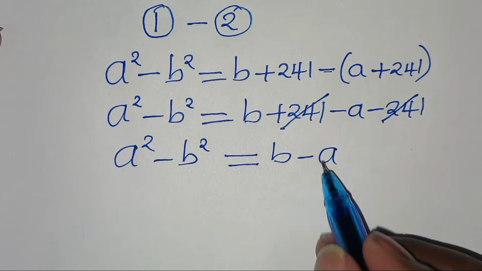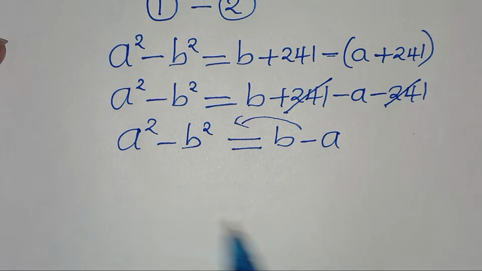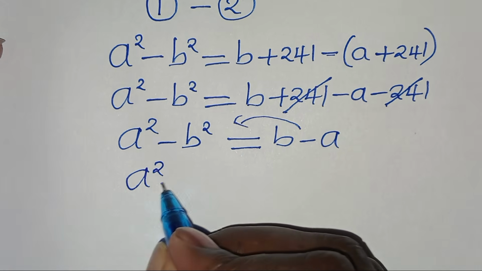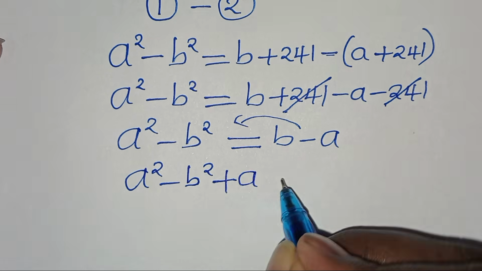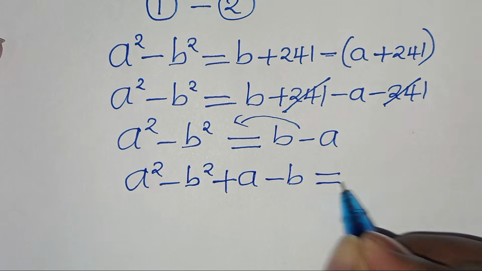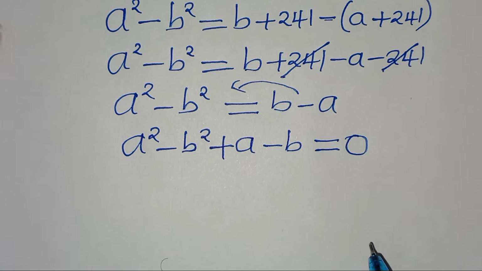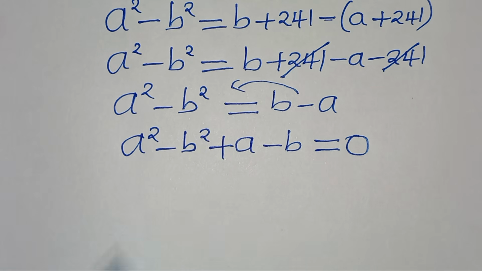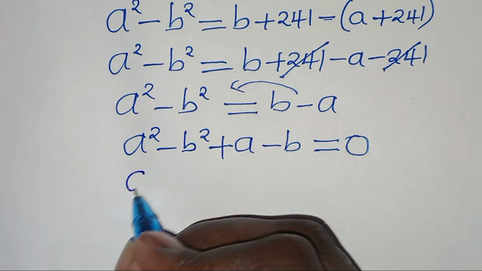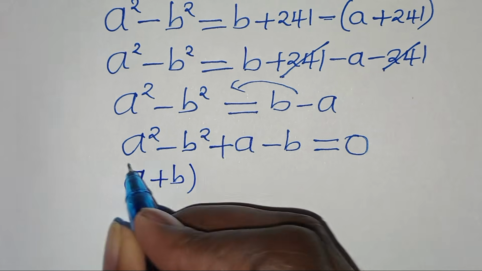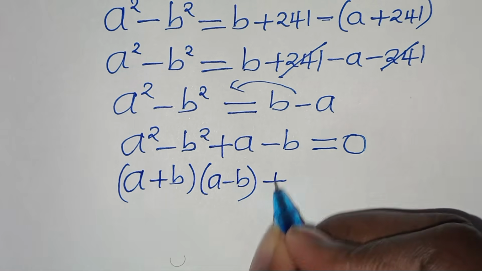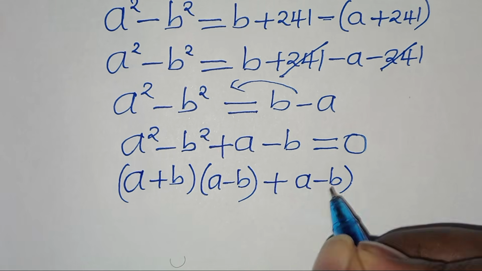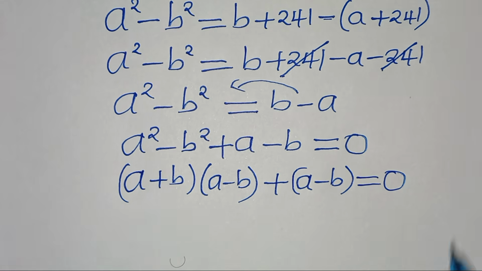So let's take b minus a on the left hand side so that we have a to the power of 2 subtract b to the power of 2 plus a subtract b, this is equal to 0. Now a squared minus b squared is the difference of two perfect squares that we can express as a plus b multiplied by a subtract b, then plus a minus b, equal to 0.